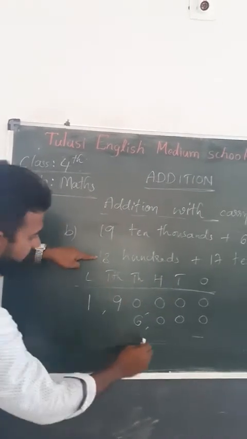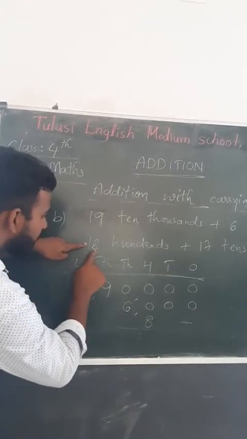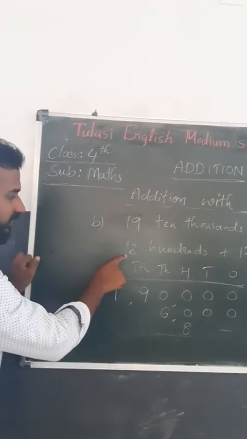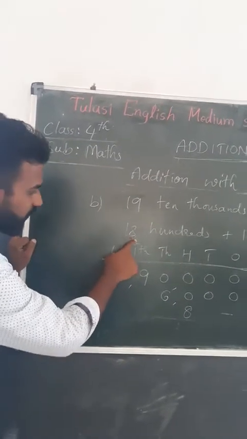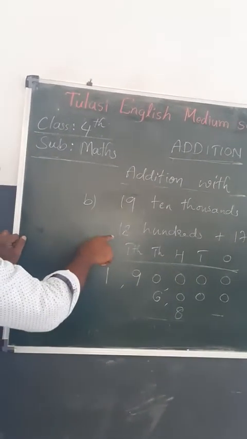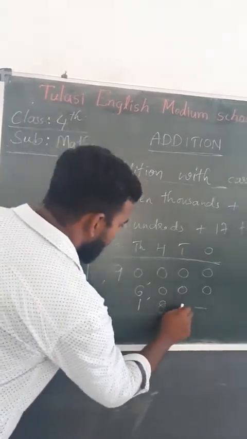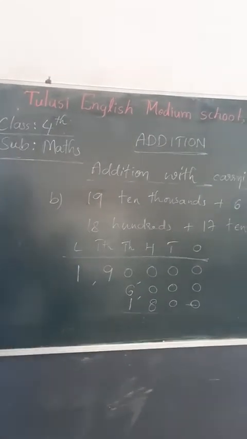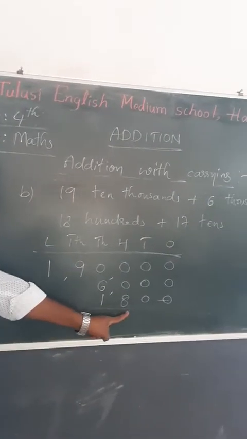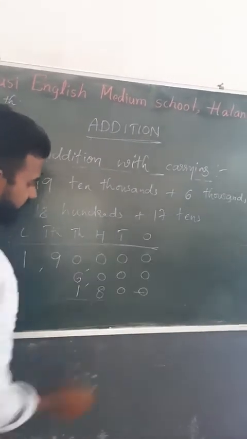So 800 plus 10 hundreds. 10 hundreds plus 800, 1,800. So that 10 hundreds I am writing as 1,000. 1,800, 17 tens.